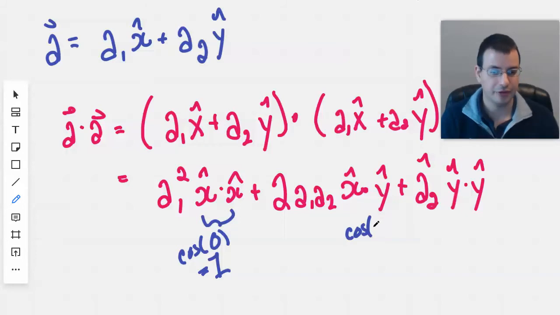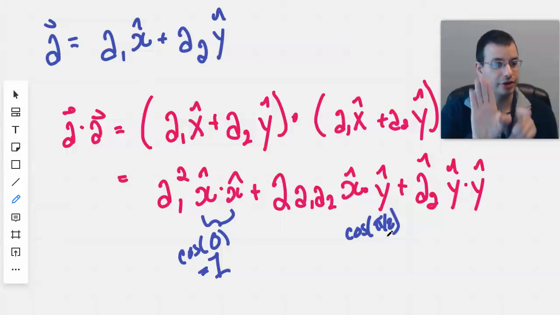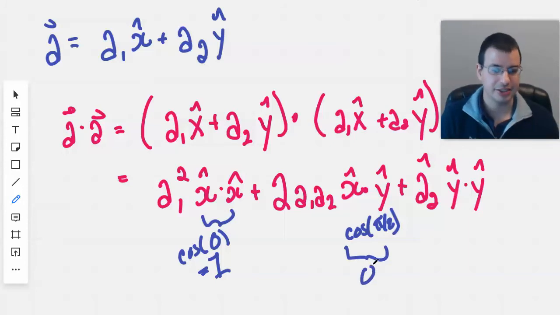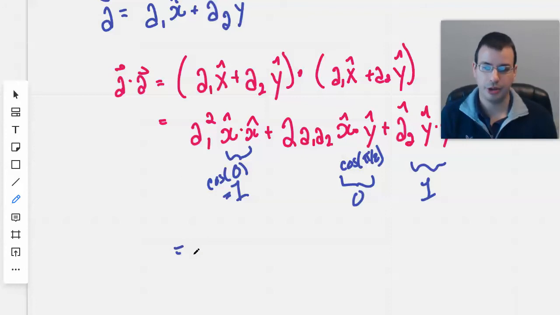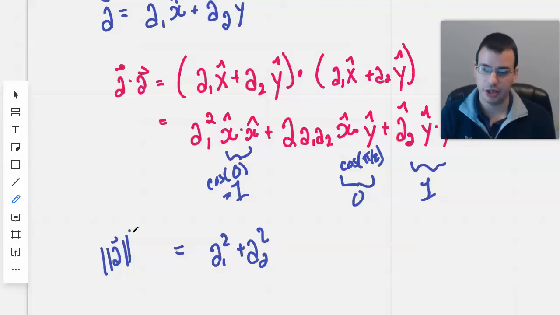This is cosine of pi over 2 since the x and y unit vectors are perpendicular. So this would make this 0, and this would be 1. That gives you the Pythagorean theorem we had before: the magnitude of A squared is A1 squared plus A2 squared.